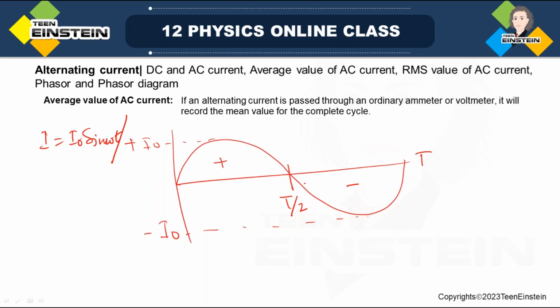One more thing I forgot to tell you. In a circuit diagram, an AC signal is denoted by a wave inside a circle.